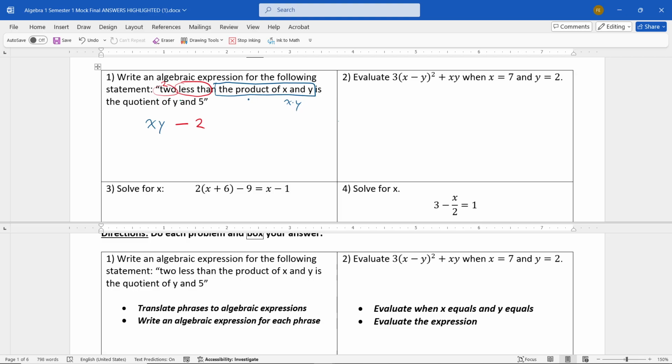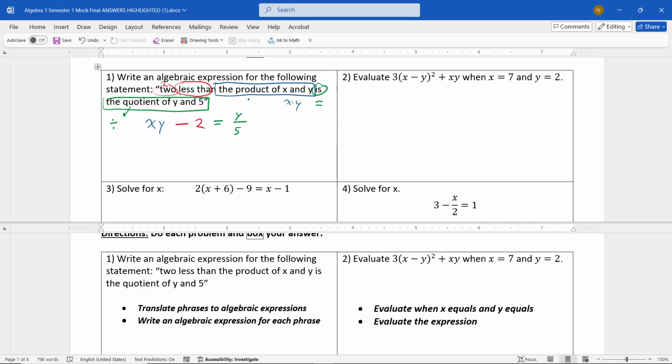So all this stuff equals the quotient of x and y. Quotient means the answer to a division problem, and the two things you're dividing in this case are y and 5, in the same order. So "is" equals the quotient, division of two things, in this case y and 5.